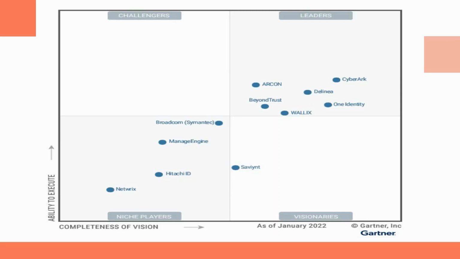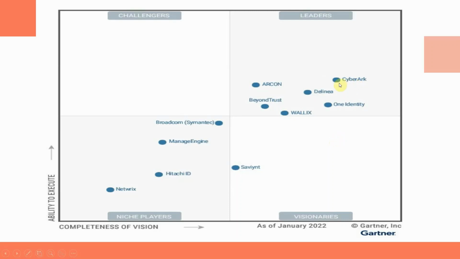I copied it from Google so that I can show you, as per the Gartner report in this year 2022, CyberArk is the leader. After that we have Archon, Delinea, Beyond Trust, One Identity, Wallix and Saviynt. These are the different PAM tools.